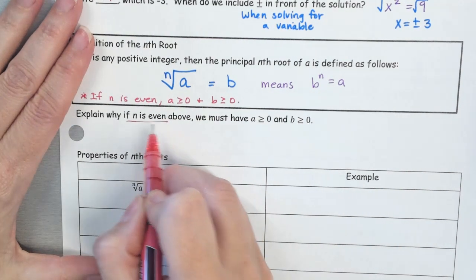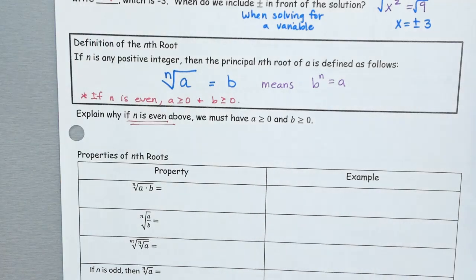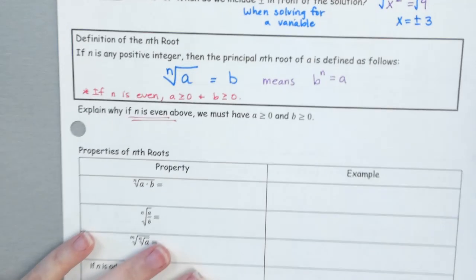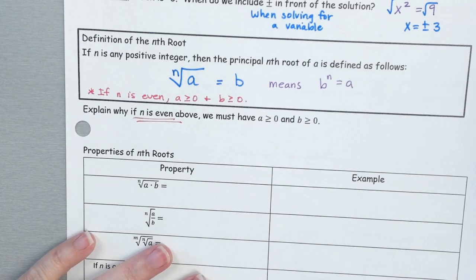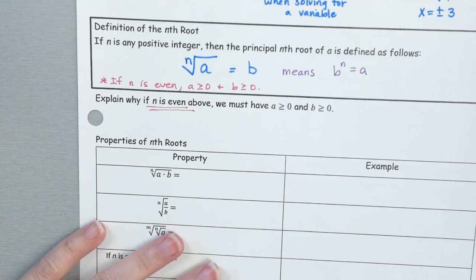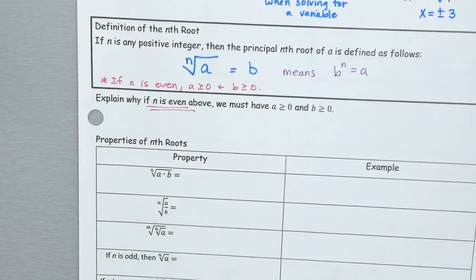But if n is even, you have to have them be positive, because think about what happens when you multiply an even number of negatives. If you multiply 2 negatives, it ends up being what value? Positive. If you multiply 6 negatives, it's positive. Whenever you multiply an even number of negatives, it's going to be positive.